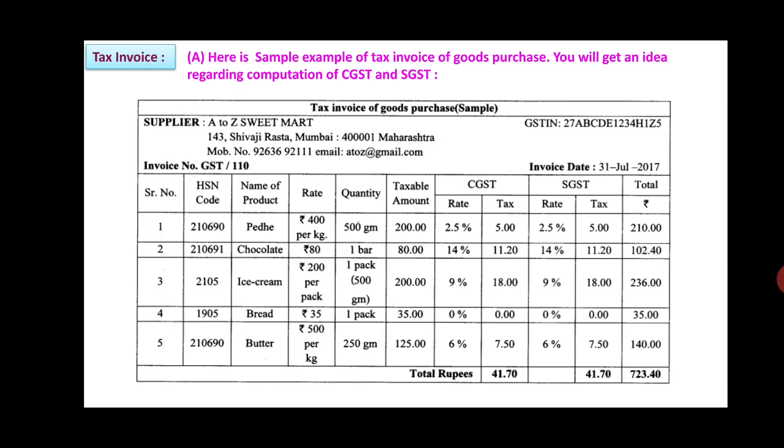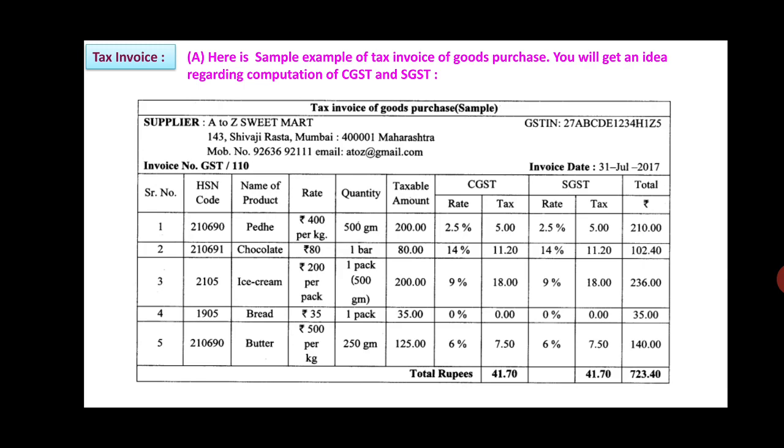The fourth item purchased is bread, whose HSN code is 1905 and the rate is rupees 35 for one pack. So the taxable amount will be 35, with no tax on this, so 35 will be the total, because CGST and SGST will be 0.